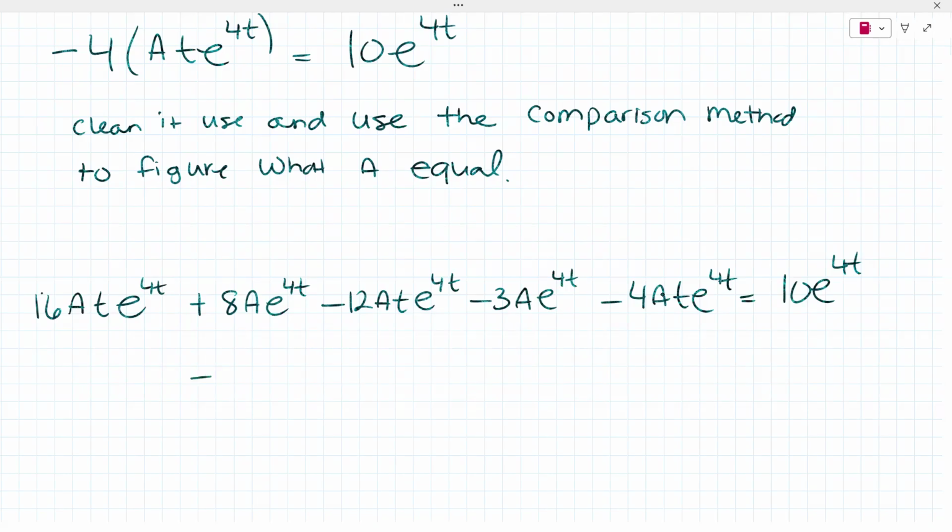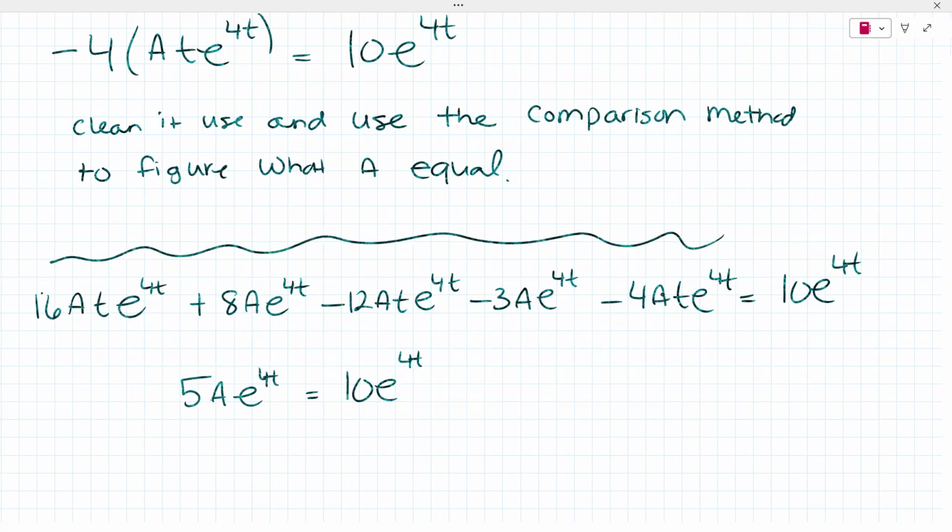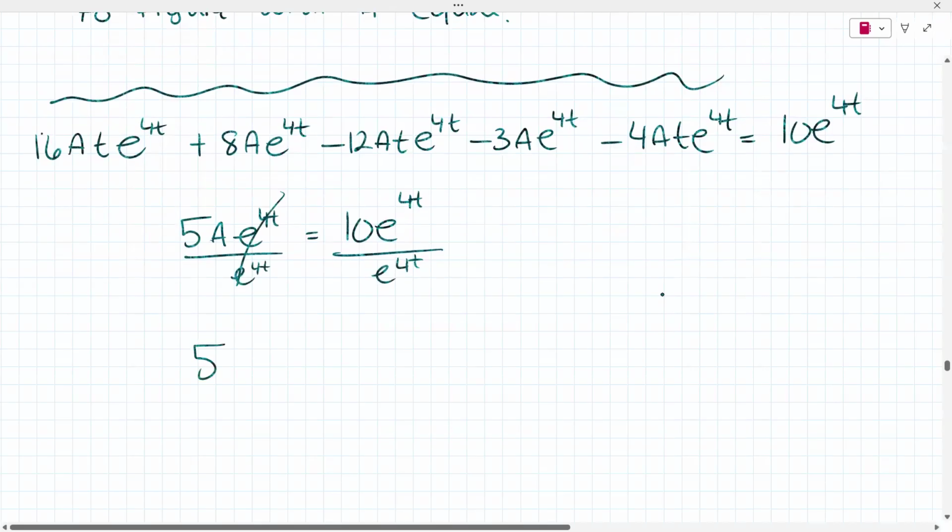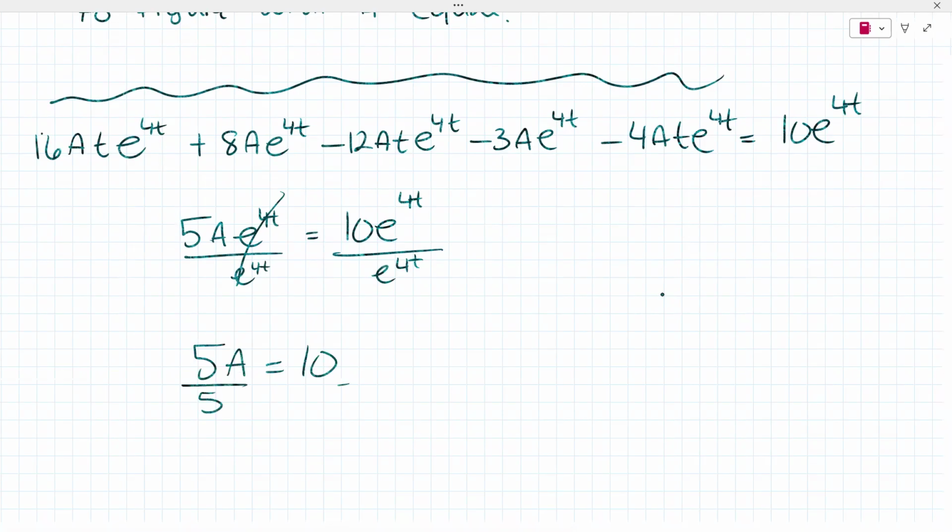You get 5A e to the 4t equals 10 e to the 4t. Divide both sides by e to the 4t, so this cancels, and you're left with 5A equals 10. Solve for A: A equals 10 divided by 5, which is 2.